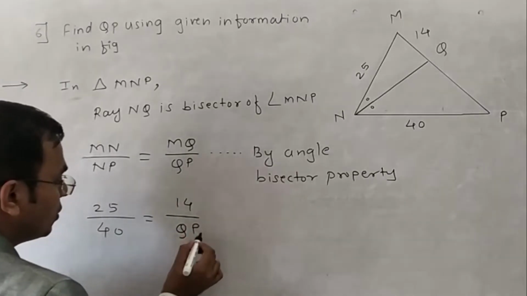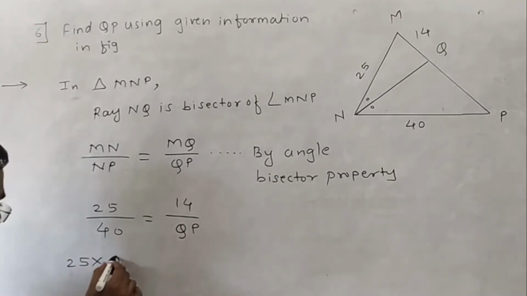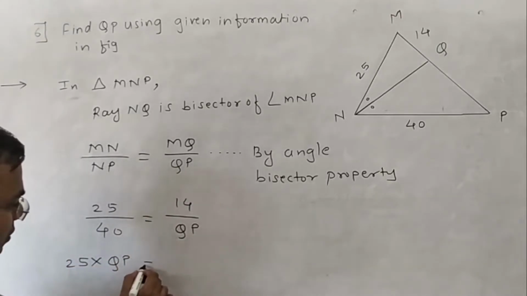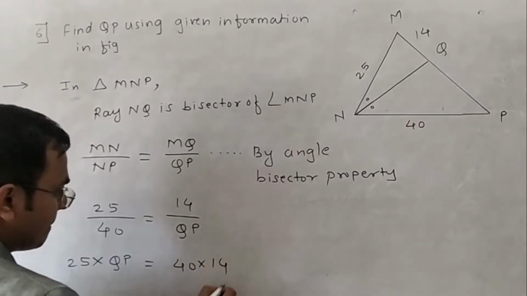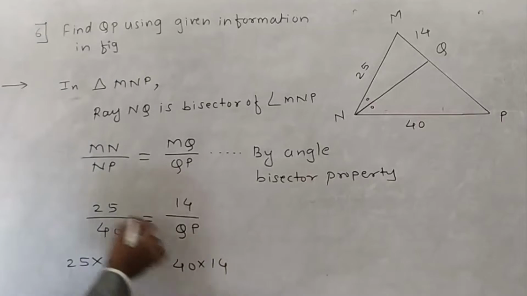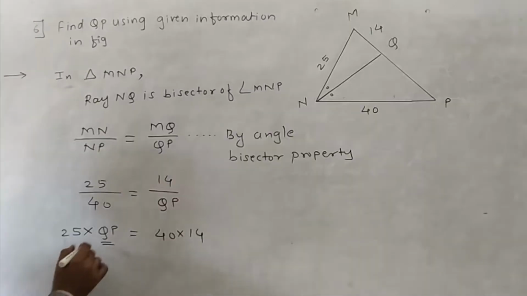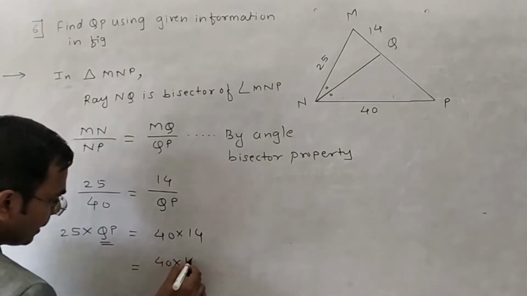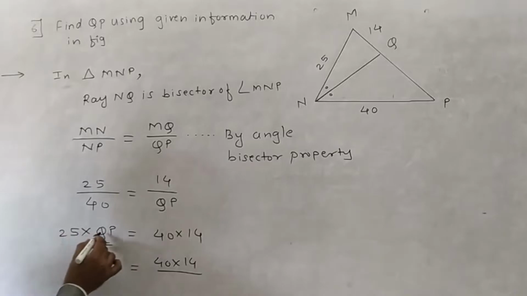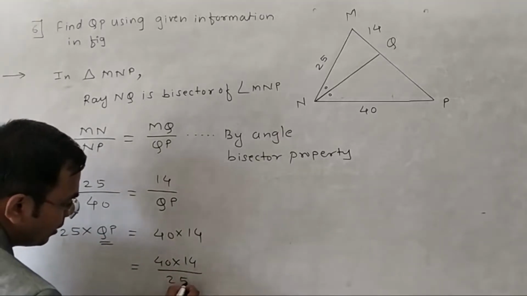QP we have to find out. So cross multiply. 25 into QP is equal to 40 into 14. So we have to find out QP. So make it alone. So equal to, as it is, 40 into 14. Here 25 is in multiplication, so it will come in denominator.